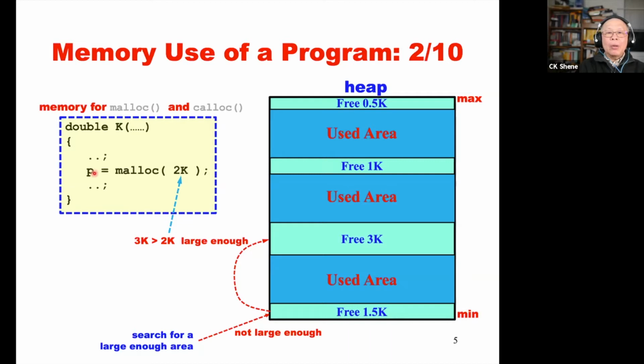So how does this malloc memory allocation perform? Now look at the right-hand side. There is an area in memory when your process runs. It's referred to as a heap. This heap has no relations whatsoever with the heap in heap sort.